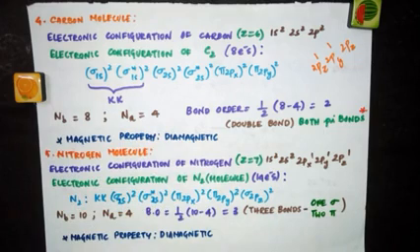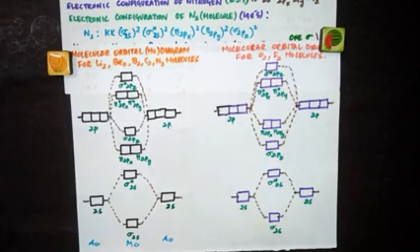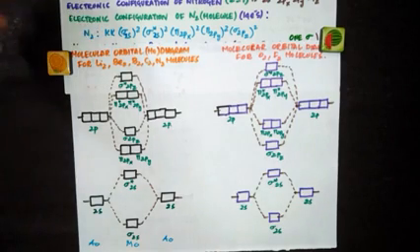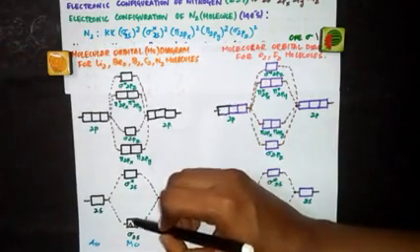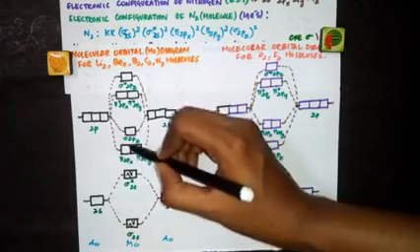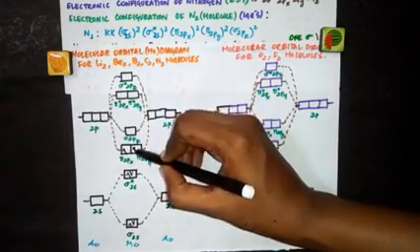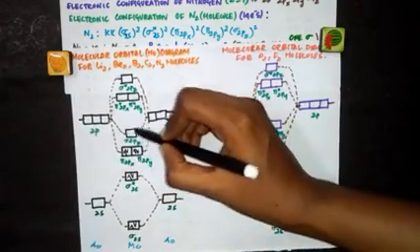Now let's try to fill these electrons in the molecular orbital diagram that we have seen just now. We have 2 electrons in sigma 1s, and that is KK, so we are not going to represent it here. Starting from sigma 2s, 1, 2, 3, 4, 5, 6, 7, 8, 9, 10.